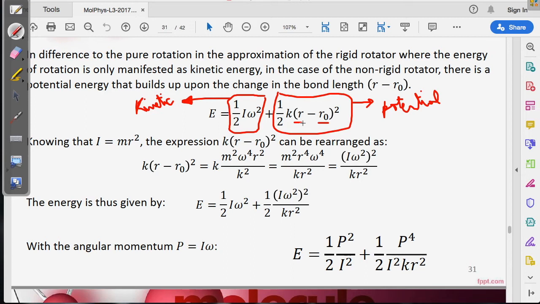Now we need to do a little bit of algebra to bring things into a nicer form, and you will see why.